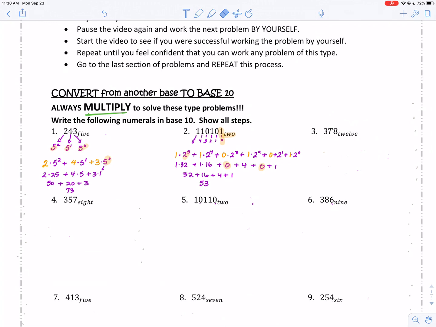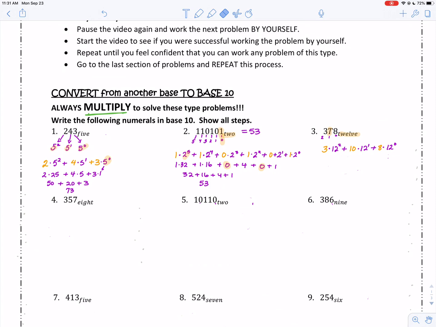Notice number 3 is a base 12 system. In base 12, we have a different kind of digit. The T, remember the T means 10. Once again, we're going to use our place value. So it's going to be 12 to the 0 power, 12 to the first power, and 12 to the second power.